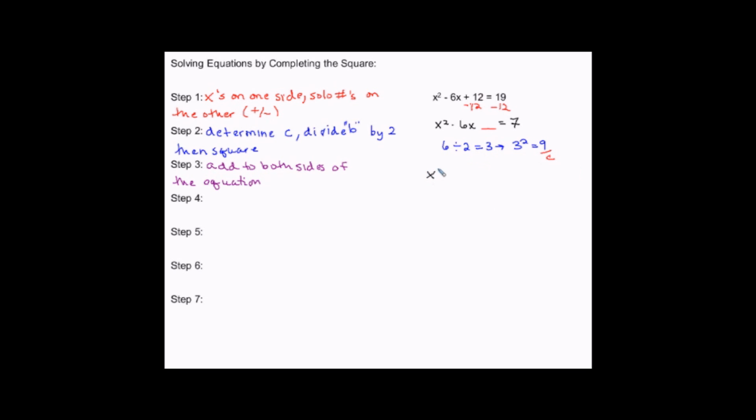So I'm going to get x squared minus 6x, and I have that 7, and I'm going to add c to both sides. And simplifying that will give me x squared minus 6x plus 9 is equal to 16. Once I've got my perfect square trinomial, I need to factor it.